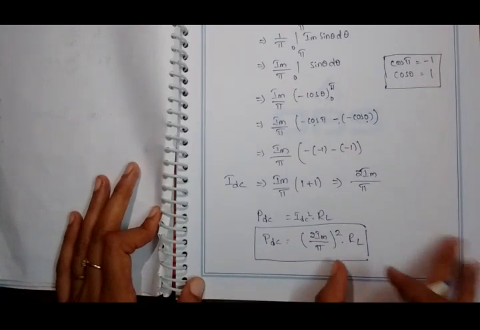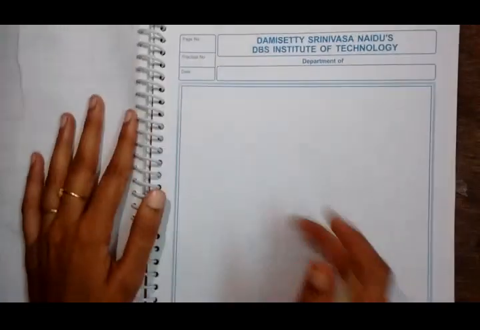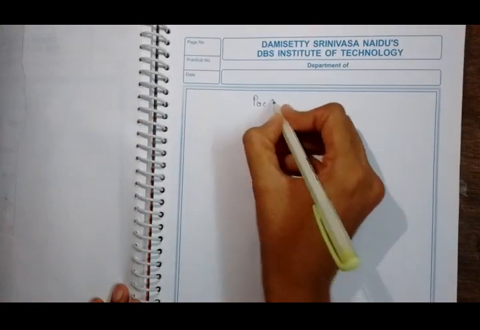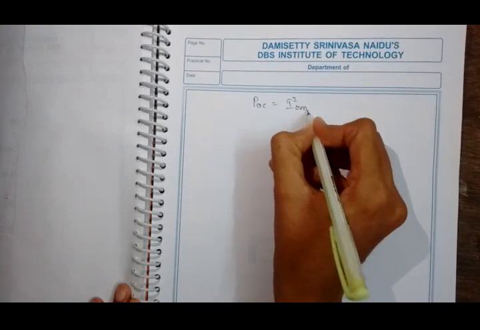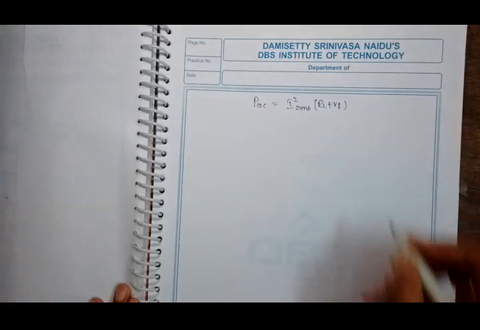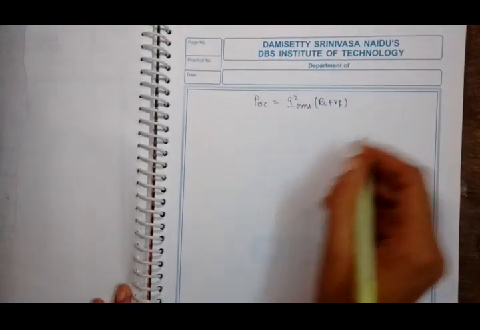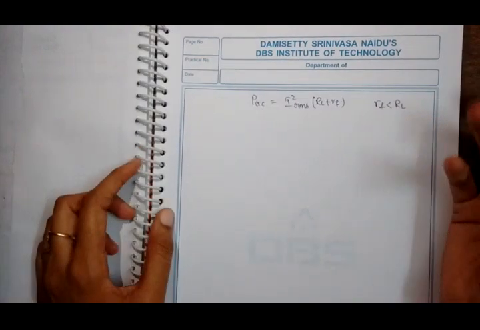Now we will calculate the PAC value. PAC is equal to I square RMS into RL plus RF. RF means forward resistance, RL means load resistance. RF is smaller than RL, so we can neglect RF.